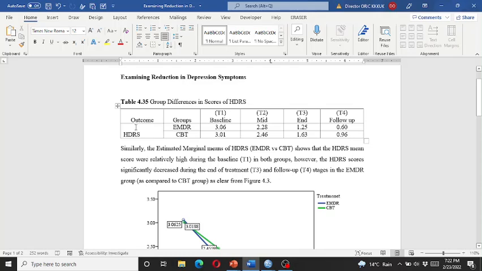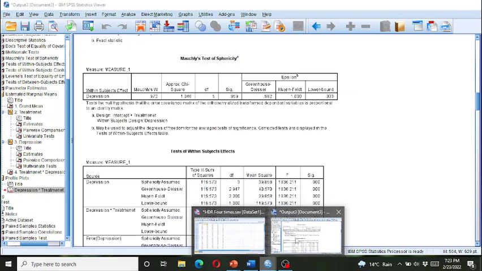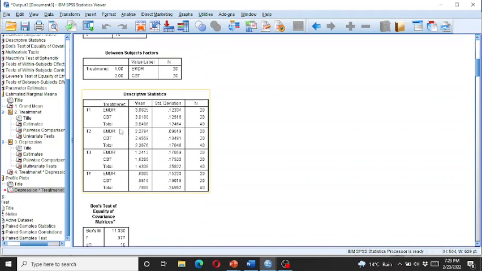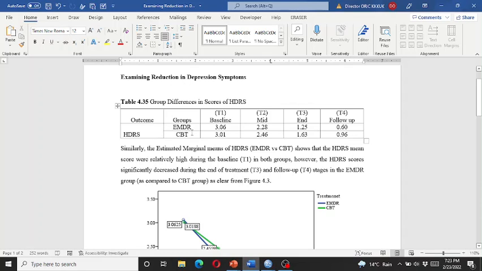You can see here the outcome is the Hamilton Depression Rating Scale reading, and we have two groups, EMDR and CBT. During the baseline, it was 3.06, which is the same as I previously told you from the table, and the CBT group has 3.01. So this is how you can report the results here.